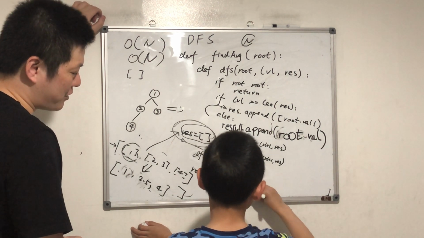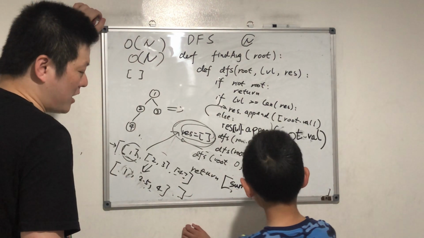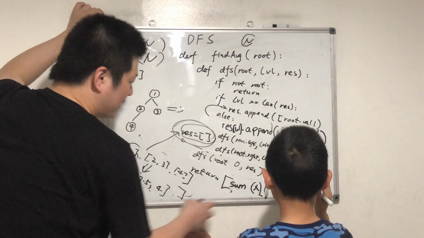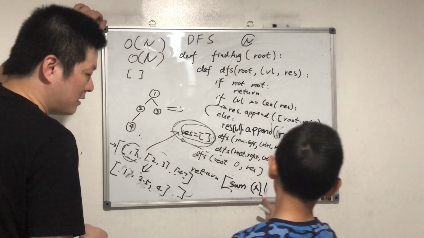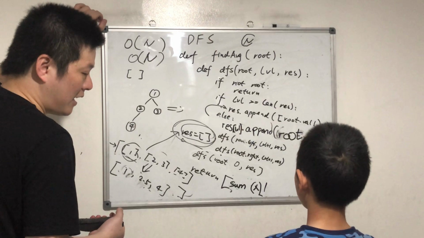How do you get the average? Sum x divided by what? Only one divide. Divided by the count. What's count? I asked you.